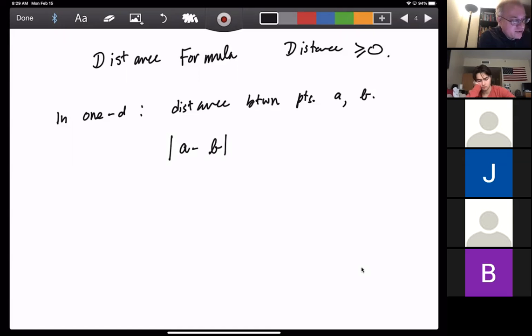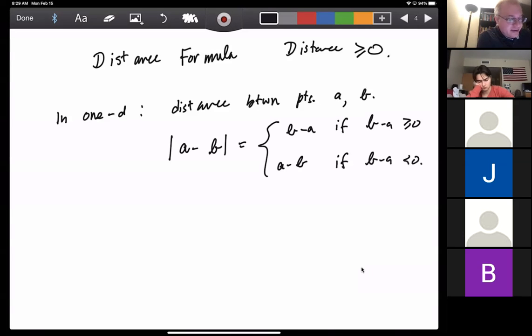Remember that this would be B minus A if B minus A is bigger than or equal to 0, or A minus B if B minus A is less than 0. So notice either way you get something that's bigger than or equal to 0. If B happens to be to the left of A, then you reverse things there.